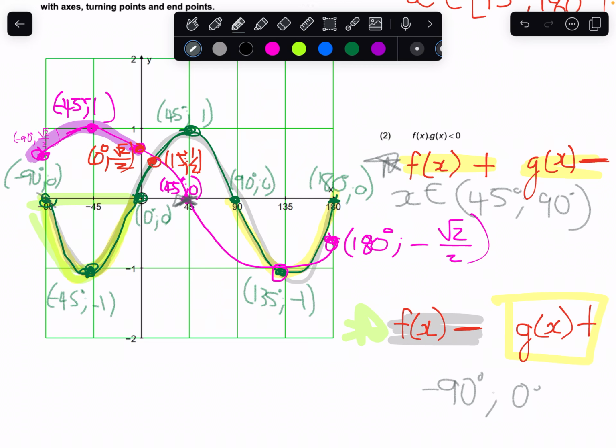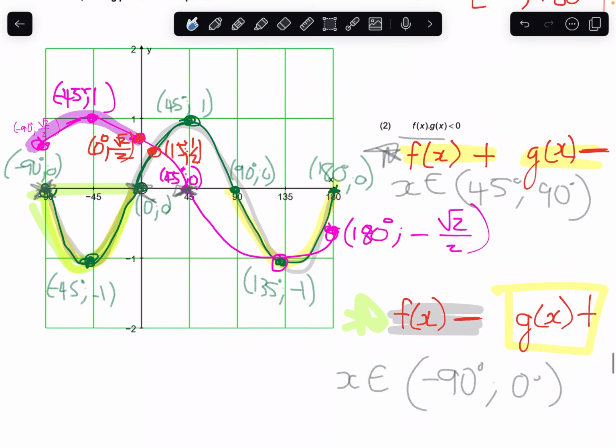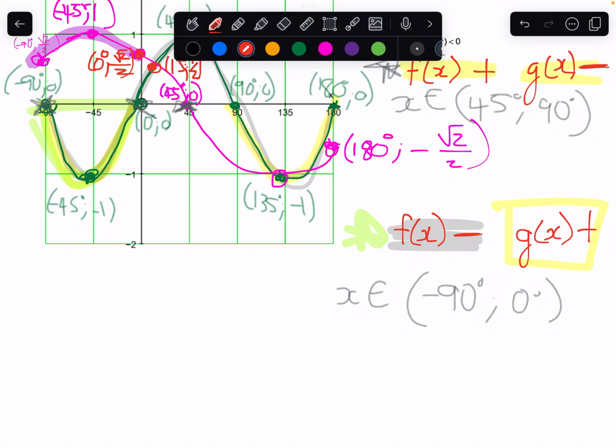When x is equal to minus 90, the f function outputs 0, which makes this expression 0 as well. So we don't include minus 90 in the solution. And similarly at 0, the f function again outputs 0, making this product equal to 0, and so it is also not part of the solution.